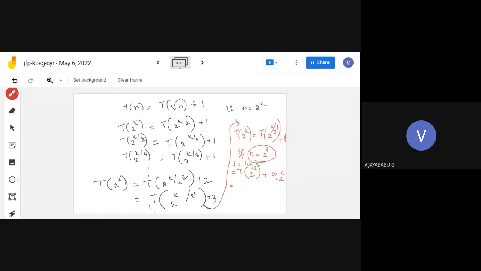So this is about T of 2 is equal to 2 plus log k to the base 2.